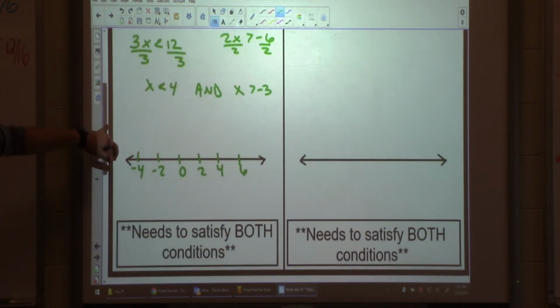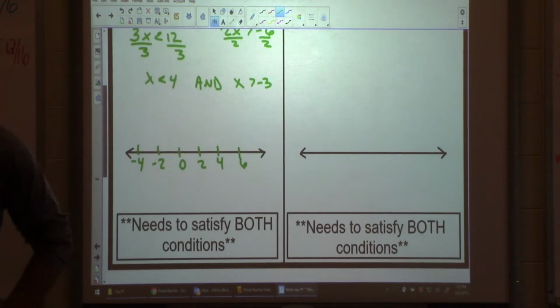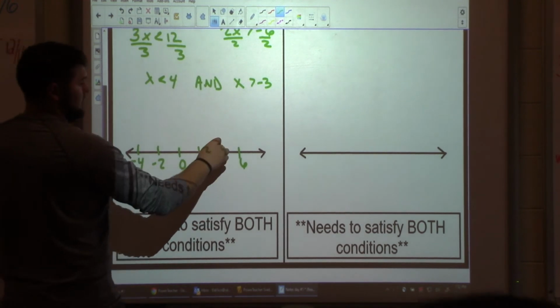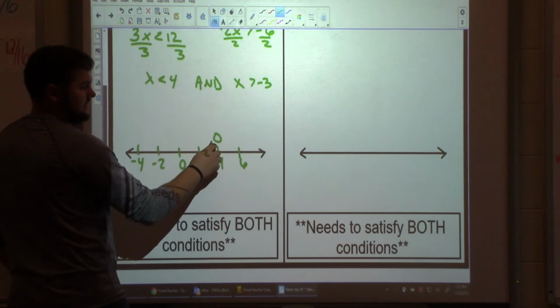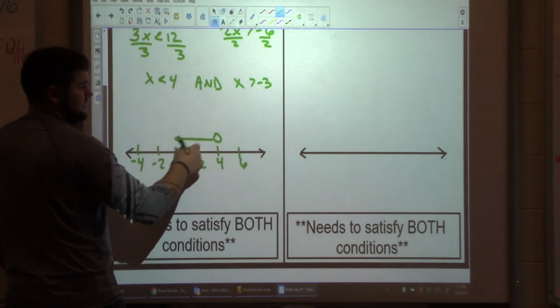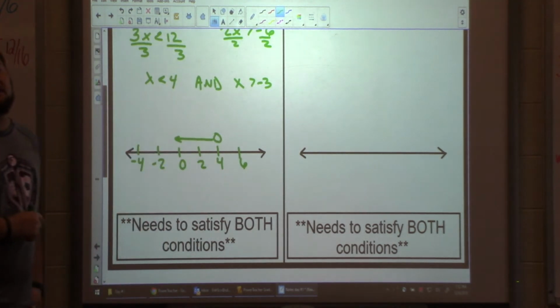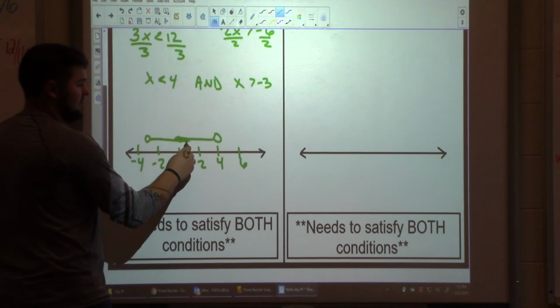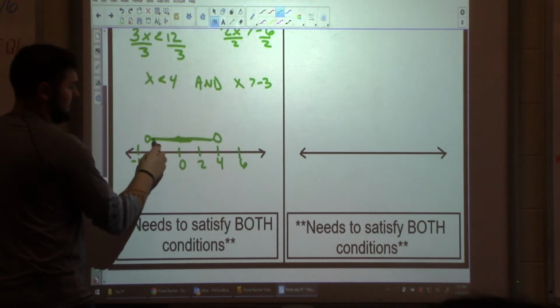So if x is less than 4, that means at 4 I'm going to put what type of circle? Open. And which way should I be shading? Left. X is greater than negative 3, so that means at negative 3 I should put what type of circle? Right, open. And I should be shading right. Notice the overlap.